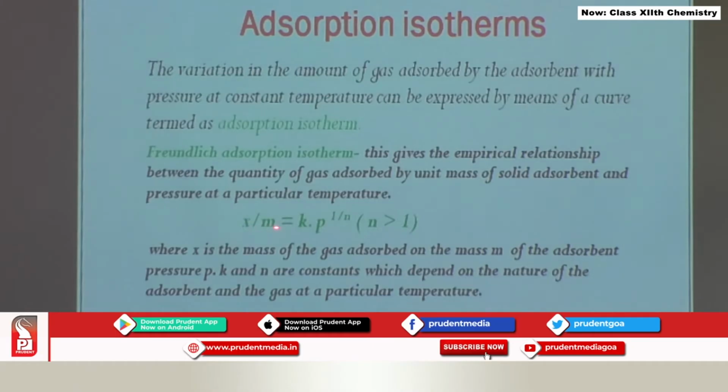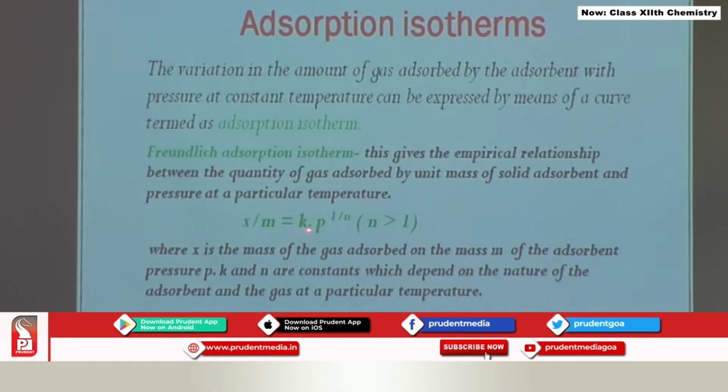So this x by m is directly proportional to P. That means for physical gaseous adsorption, the extent of adsorption x by m is directly proportional to P raised to 1 by n. Now if you remove the proportionality sign and put the equality sign, you will have to introduce the constant of proportionality k.